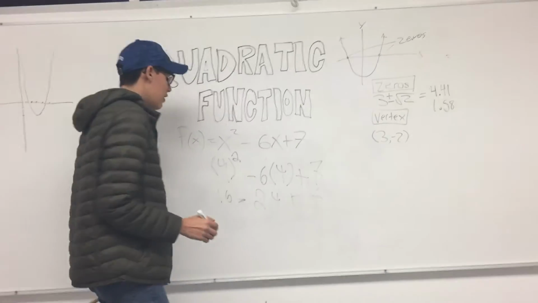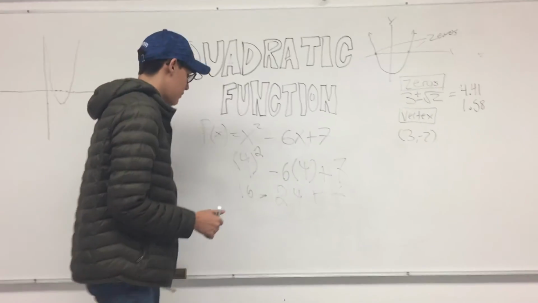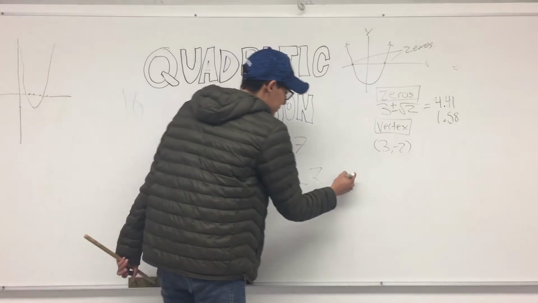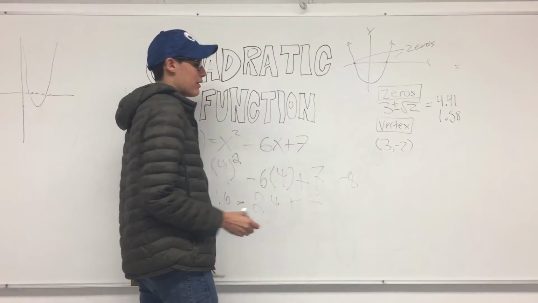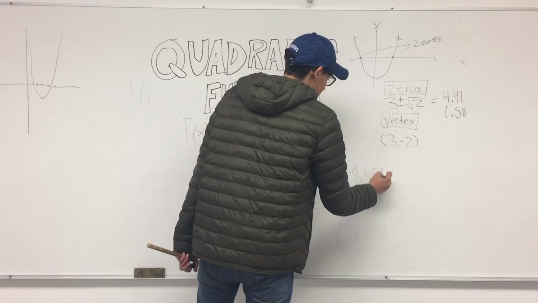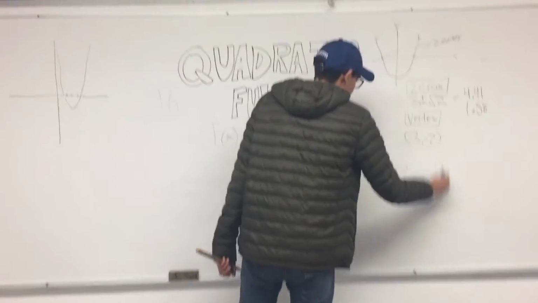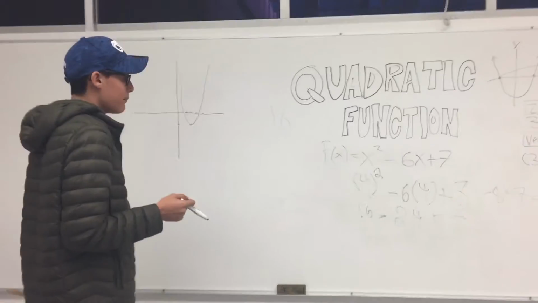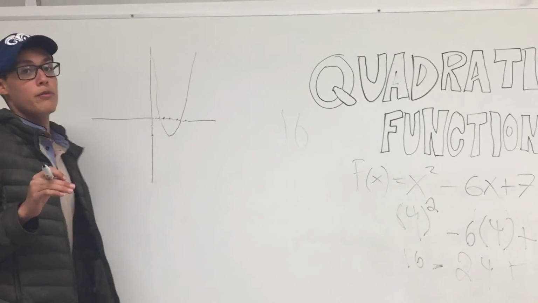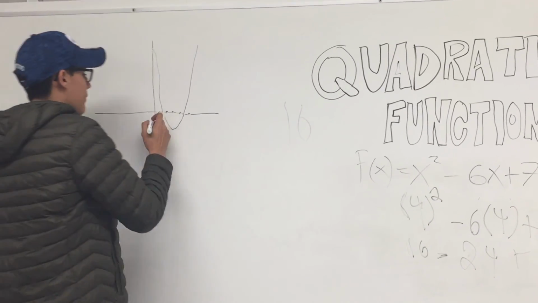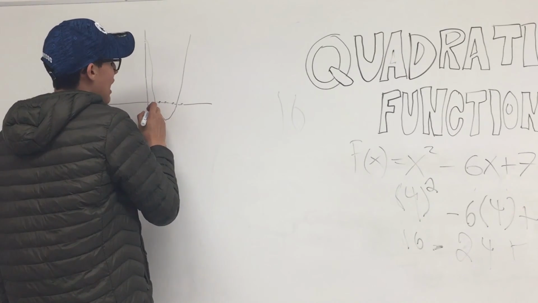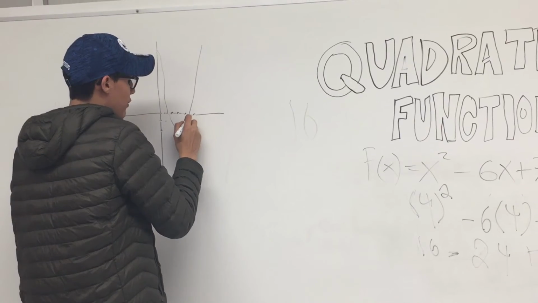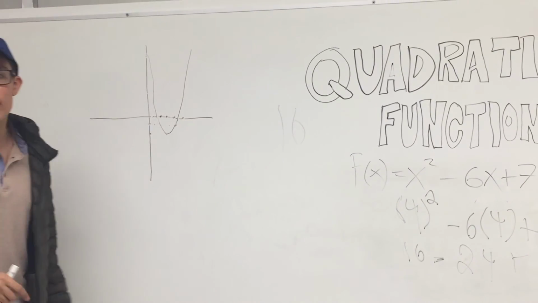So we add it up: 16 minus 24 is minus 8, plus 7 is minus 1. So now we locate y is minus 1 and x is 4. 1, 2, 3, 4, and as you can see, it's right here, so that means it's correct.